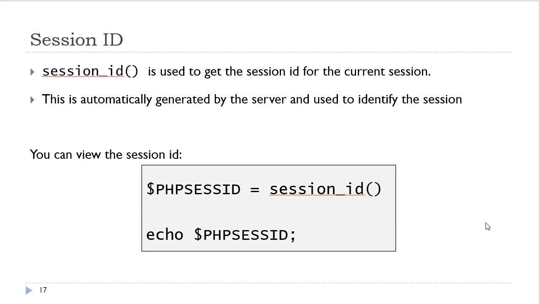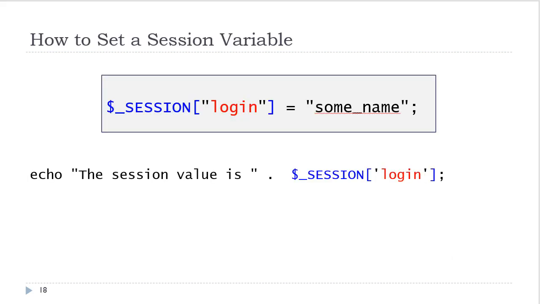You really don't need that, but I would like to show you how to view it. We have a session_id function which will return the unique session ID. Again, this is automatically generated by the server. If you were to store that in a variable of your choice and echo back that variable, you could see the value.